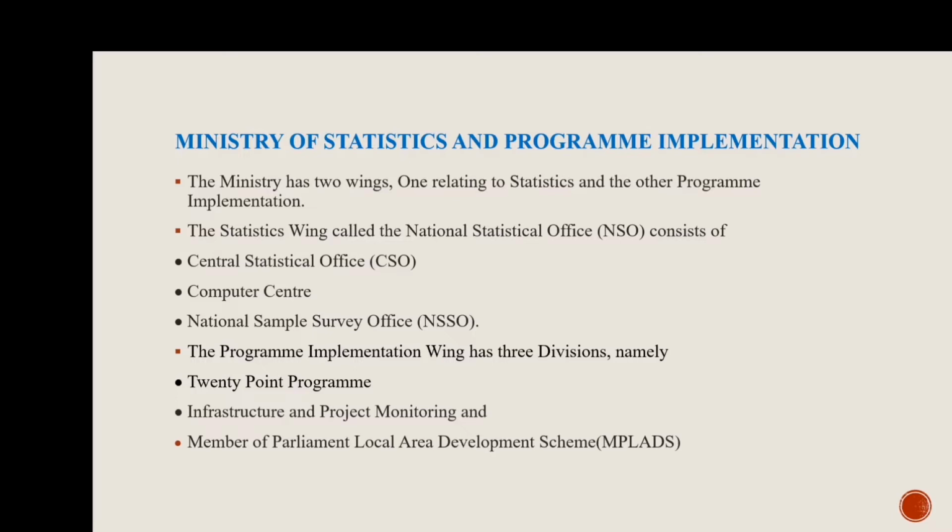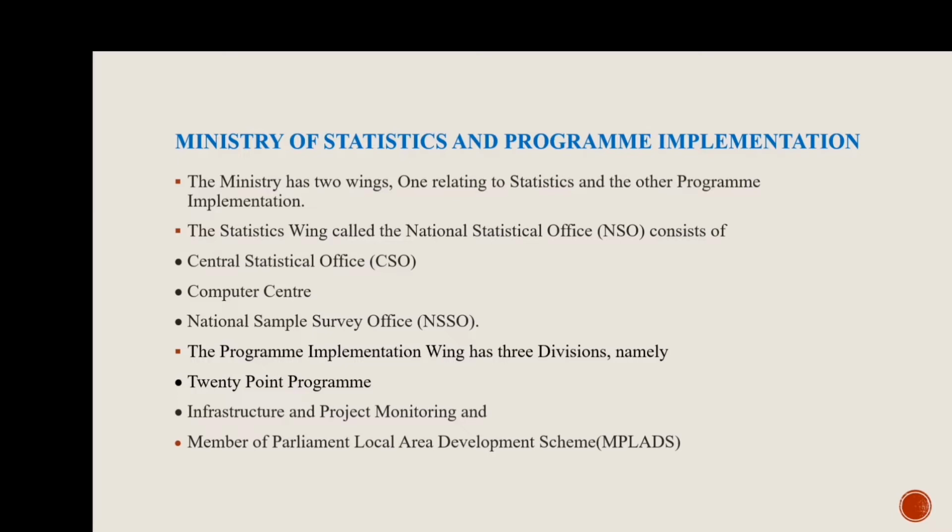The ministry has two wings, one relating to statistics and the other relating to program implementation. The statistics wing, called the National Statistics Office, NSO, consists of the Central Statistical Office, CSO, Computer Center and National Sample Survey Office, NSSO.